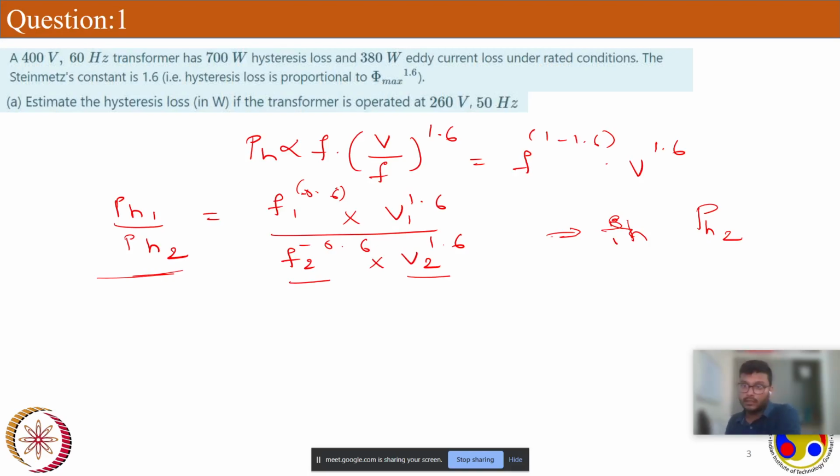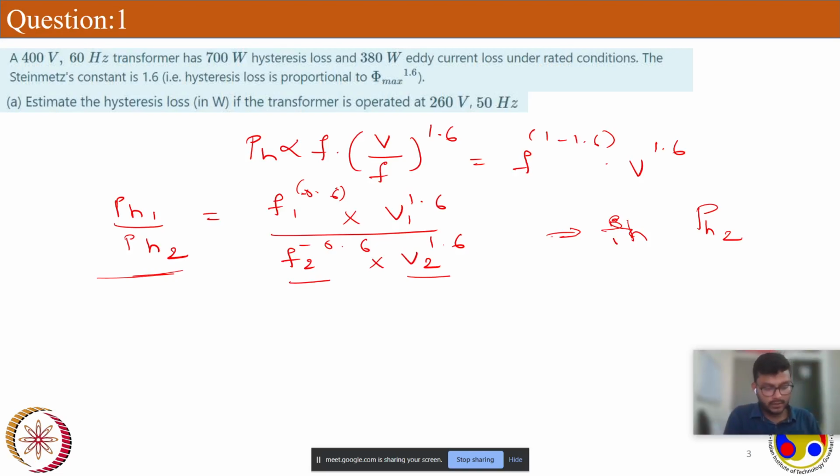I will also calculate this. PH1 is 700. We will be multiplying with F2 by F1 to the power minus 0.6 into V2 by V1 to the power 1.6.